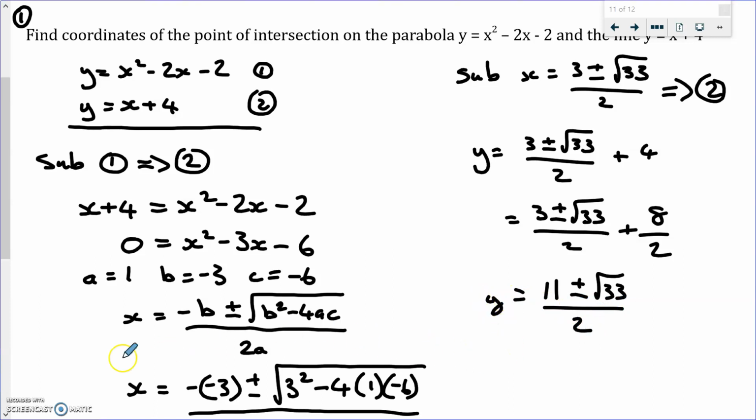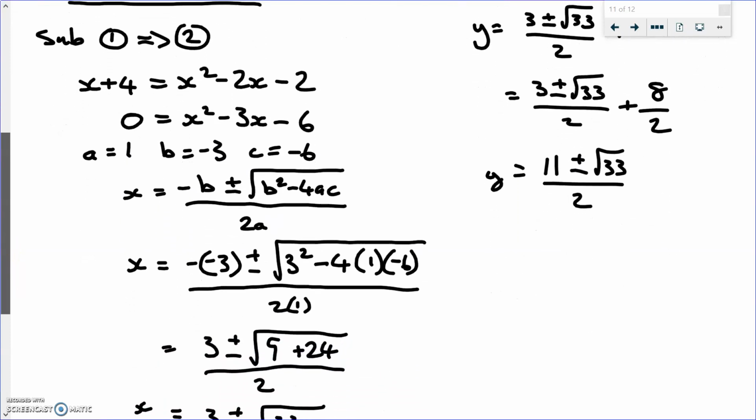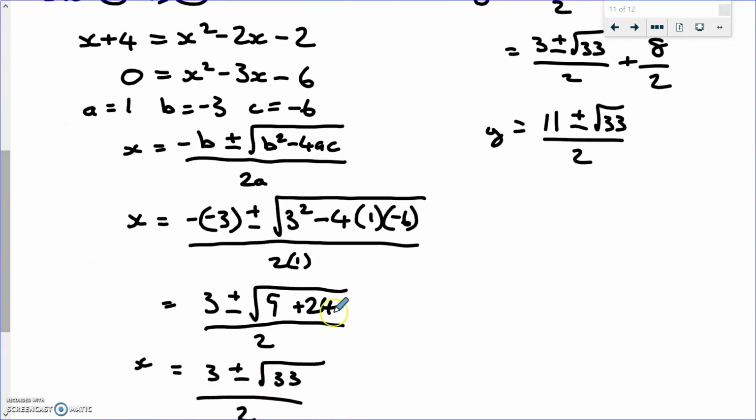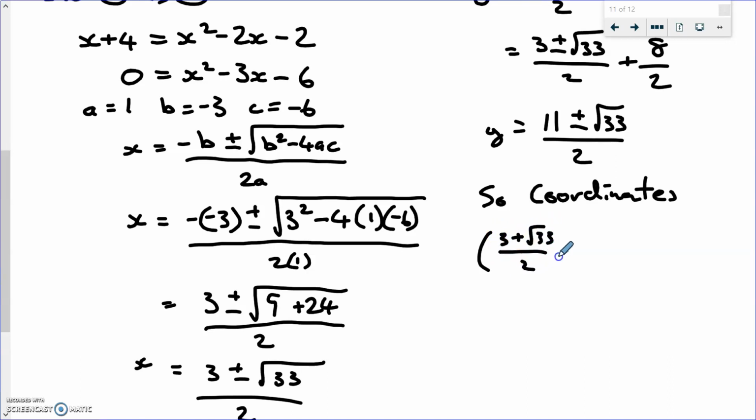Now what do we have? We've got 2 x's and 2 y's, and we need to put them together. So our coordinates become 3 plus root 33 over 2 and 11 plus root 33 over 2.